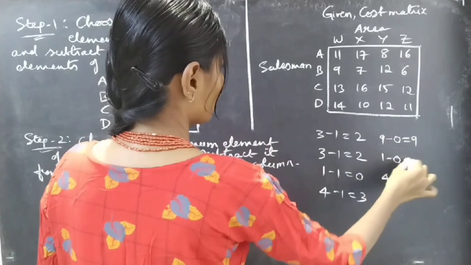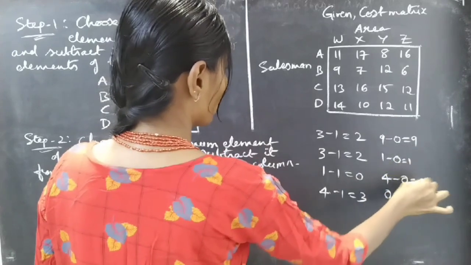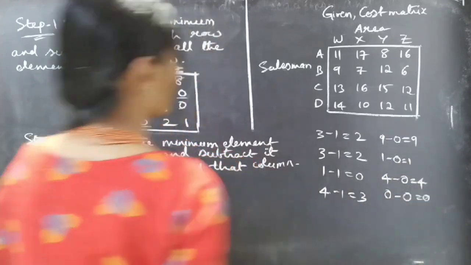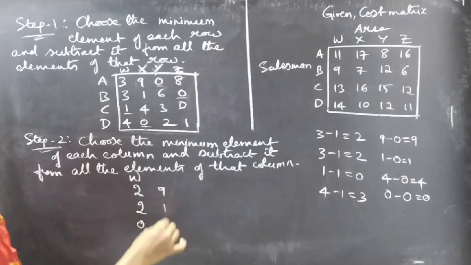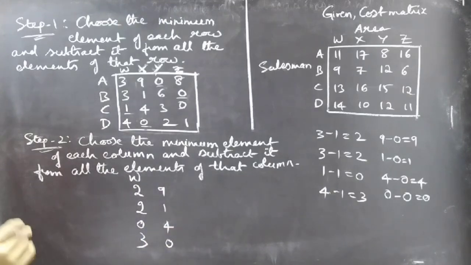9 minus 0 is 9, 1 minus 0 is 1, 4 minus 0 is 4, 0 minus 0 is 0. Right? So you'll get 9, 1, 4, 0. If you subtract all the elements with 0, you'll get the same elements, right?